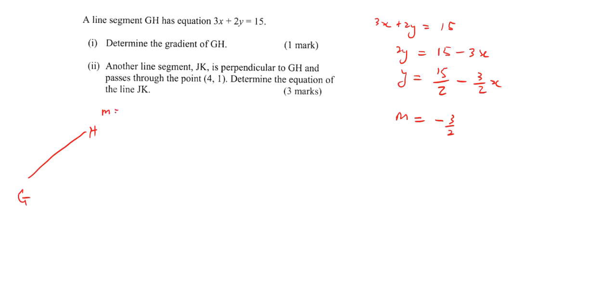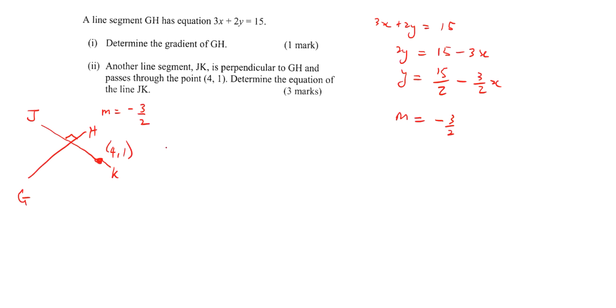So the gradient of this is minus 3 over 2. And now they come and tell you that you have a line that is perpendicular. Oh, sorry, but okay, this will be 90 degrees. My drawing is a little off. Alright, so this is GK, and it told you that it passes through the point 4, 1. So visually this is what you have.